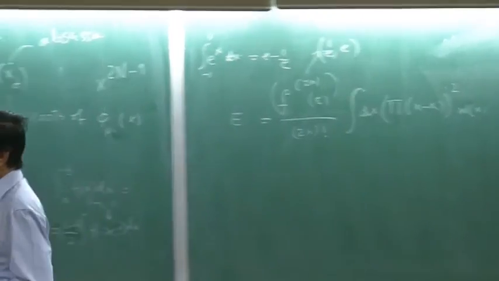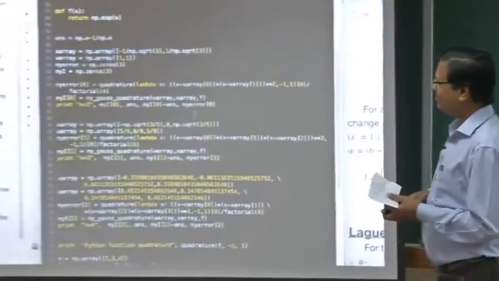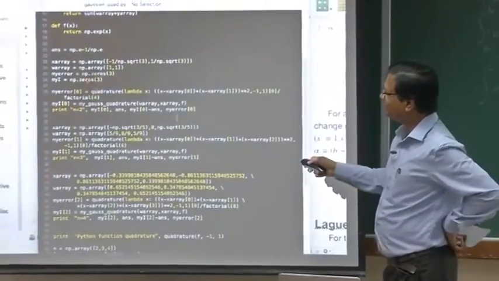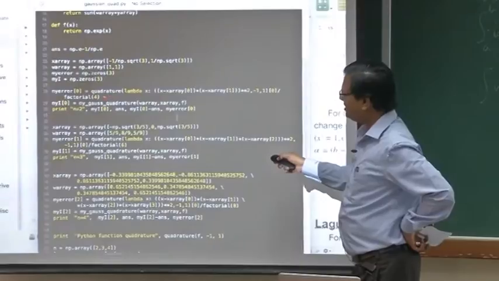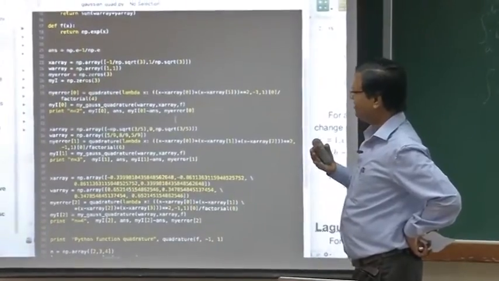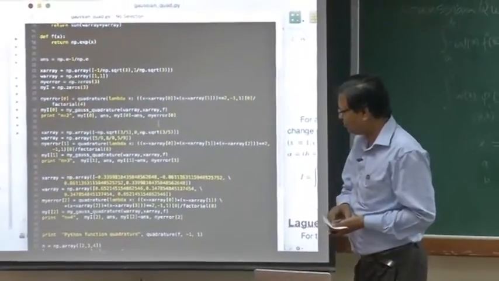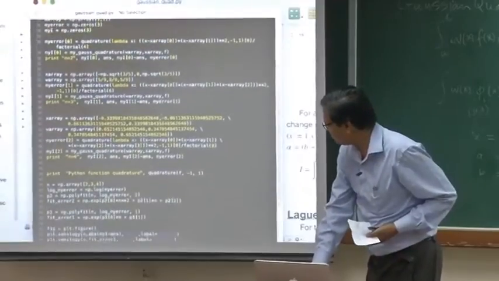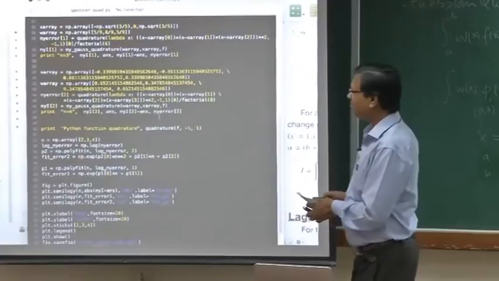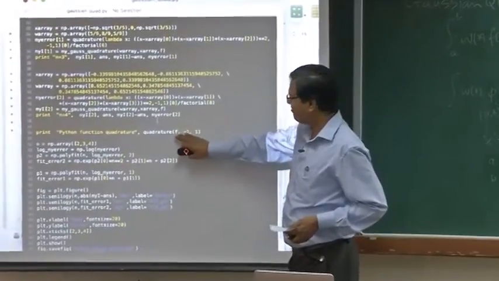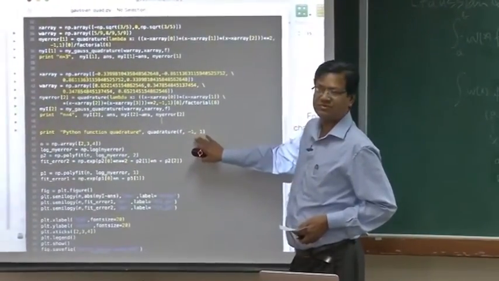So this is a nice feature for Python. So for quadrature, this is the formula, this is a function, quadrature. So quadrature requires arguments, which are, so actually you may see this here. So quadrature, this function and the limits.